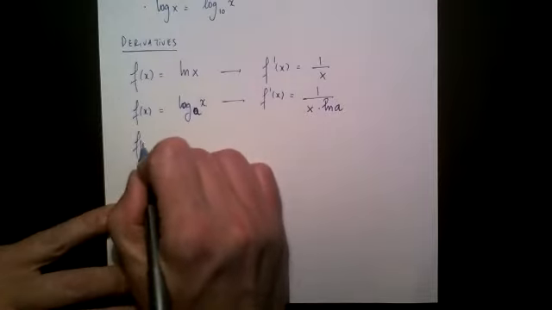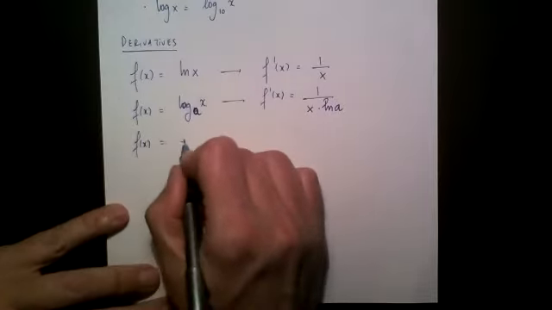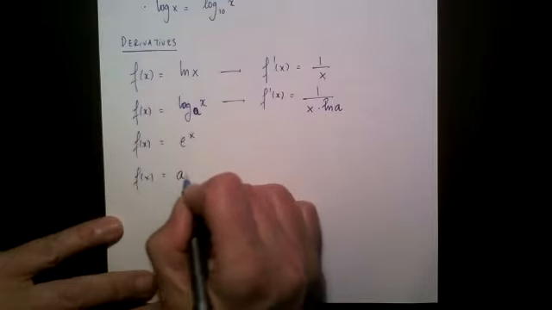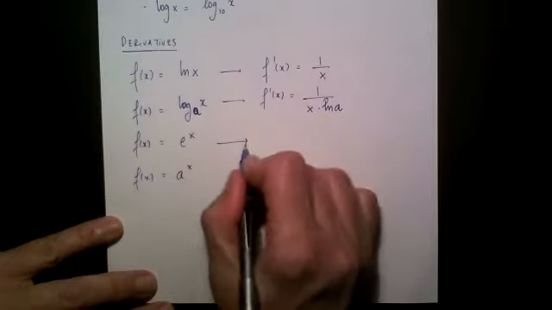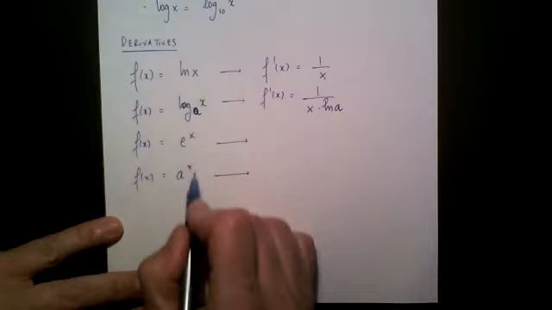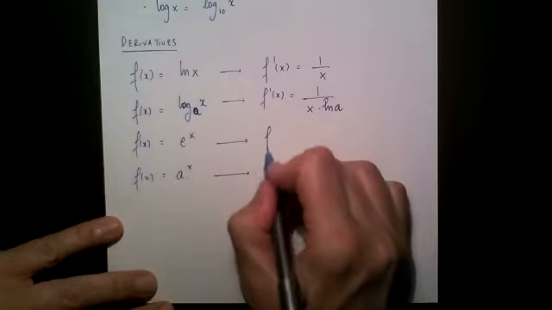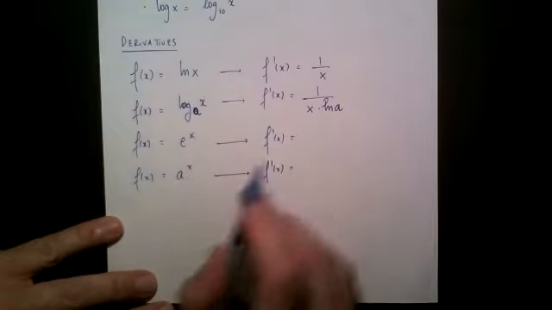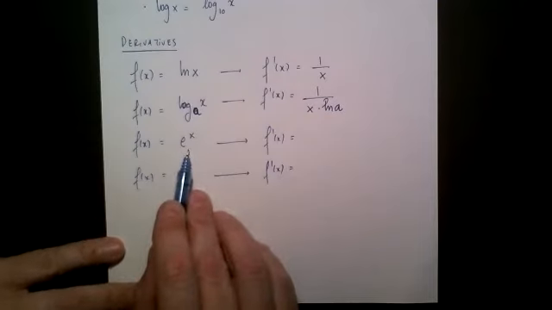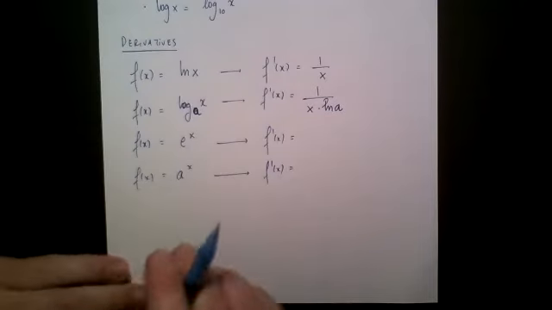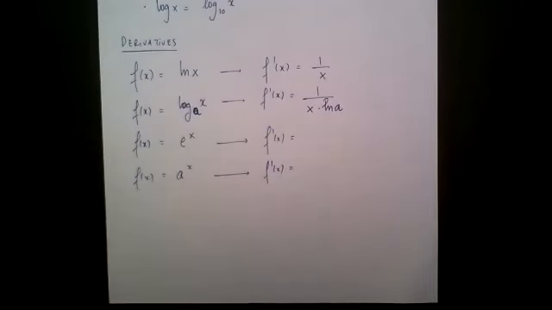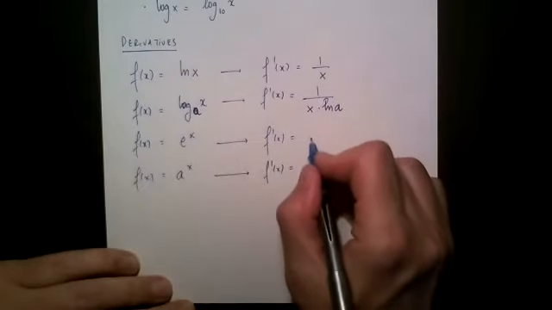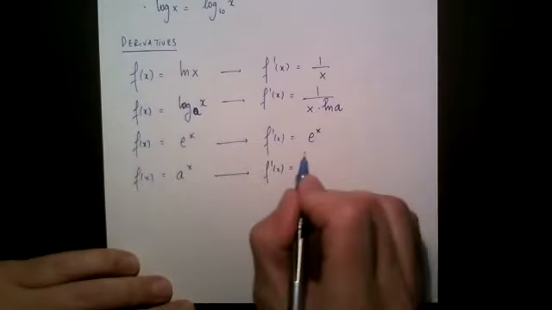And then 2 more. So if f of x is e power x, and then if f of x is any number power x. Okay, so these are exponential functions, where the x is in the exponent. The derivative of e power x is e power x.